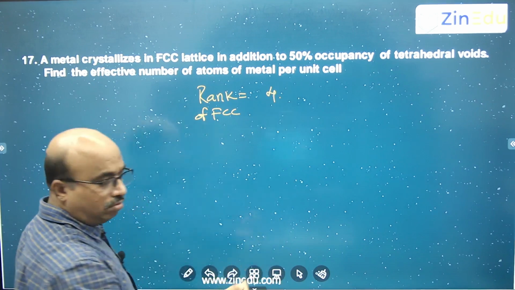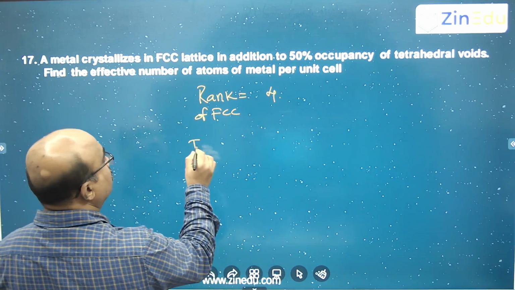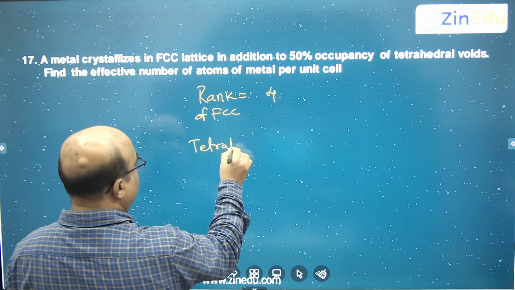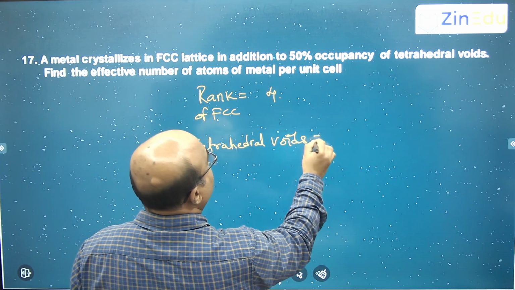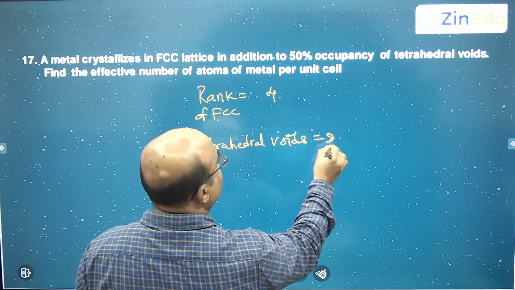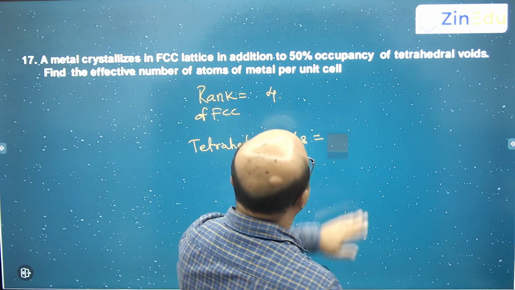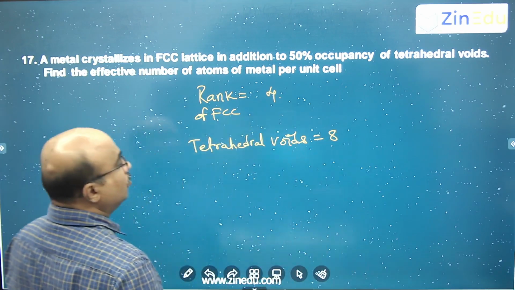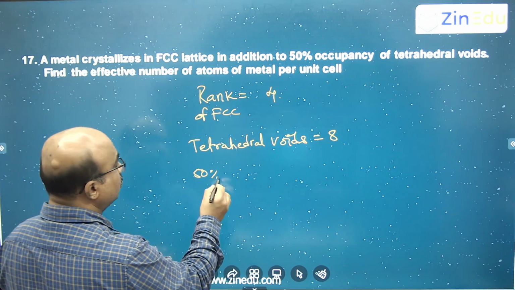So there are 4, but the tetrahedral voids will be 8. But it is saying 50% of those are also occupied by the metal only.